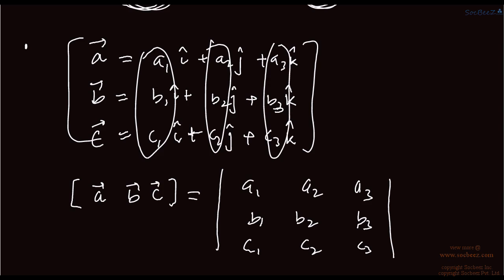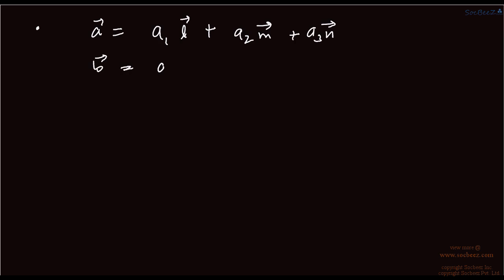This is much simpler. In general, let's say A vector is A1 L vector plus A2 M vector plus A3 N vector.